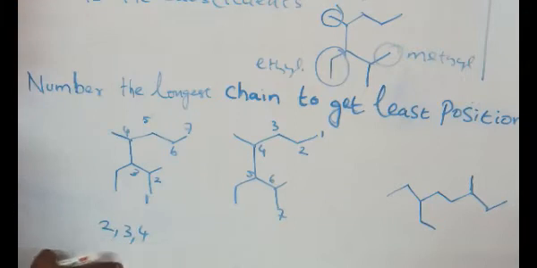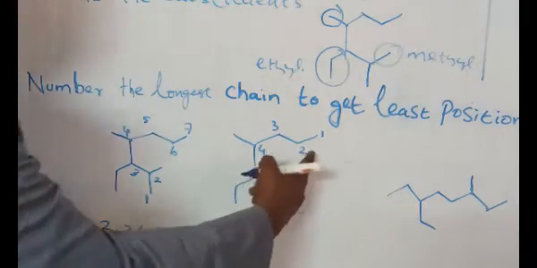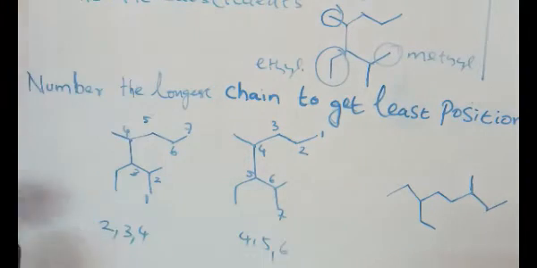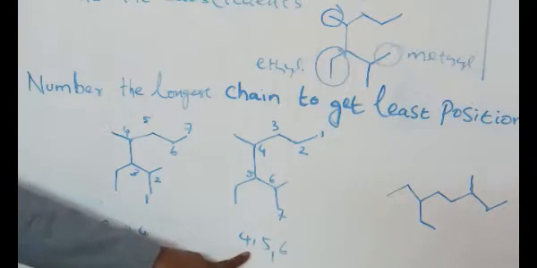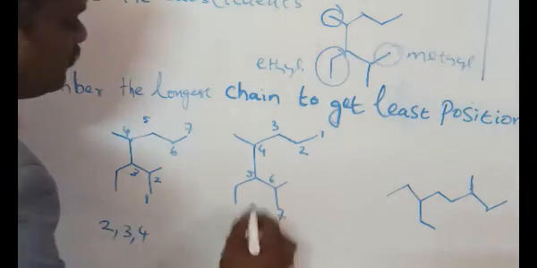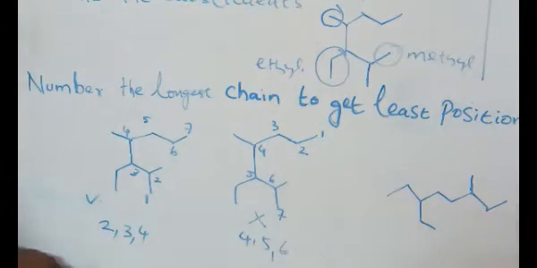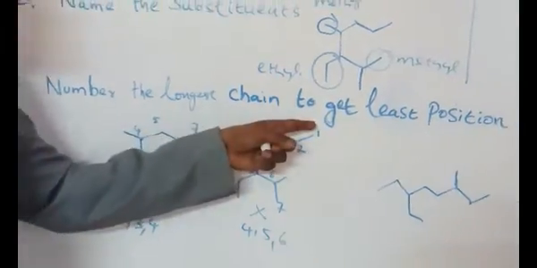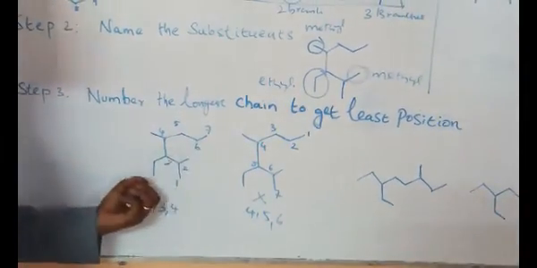The positions are 2, 3 and 4. But in the other, the positions are 4, 5 and 6. Comparing, the first position itself is 2, but here it is 4. So this numbering system is not correct, and we have to choose the first. The third step is to number the longest chain in such a way that the substituents get the least position.